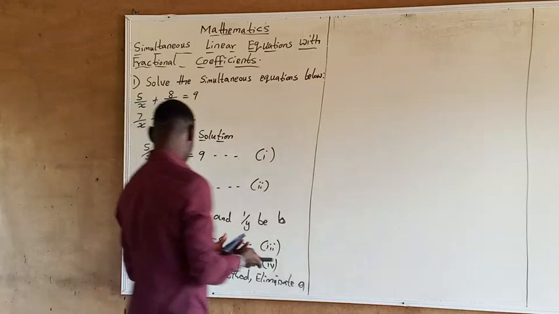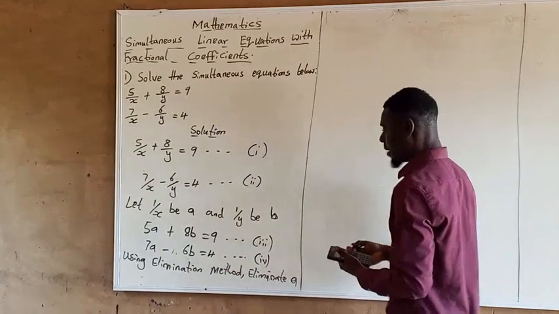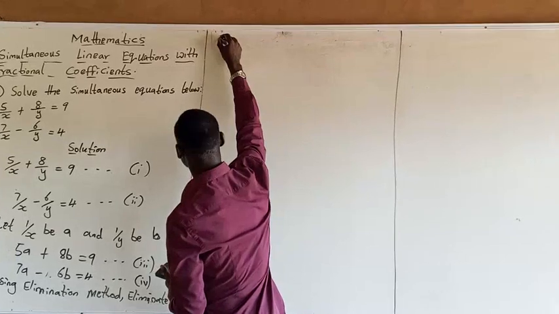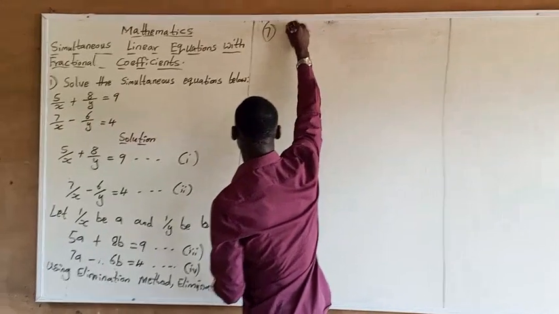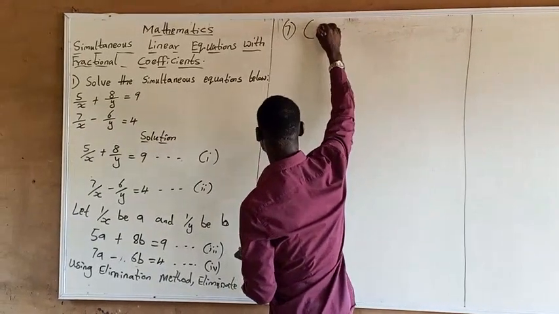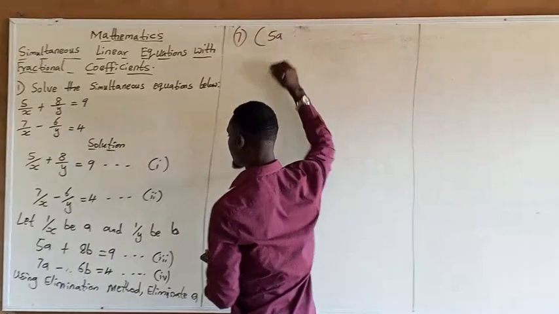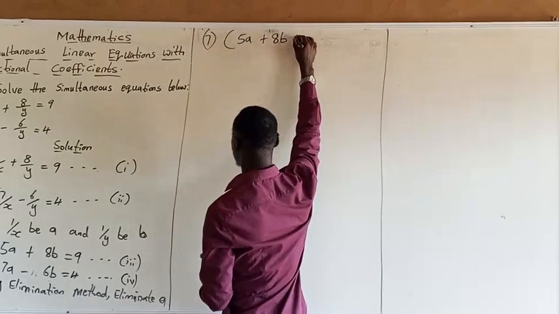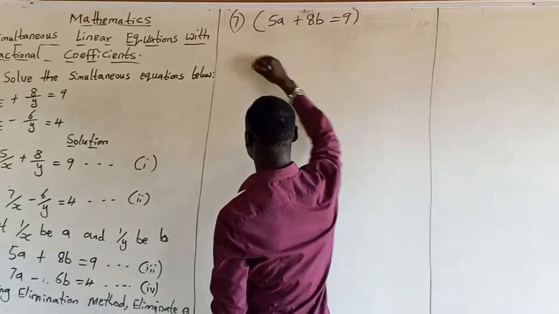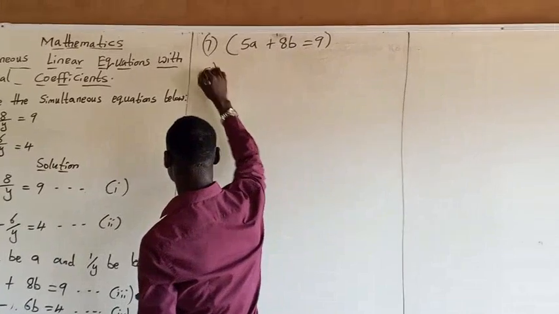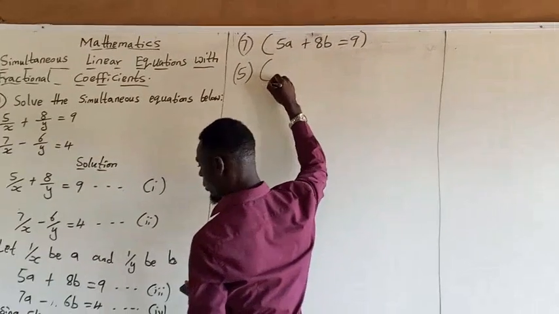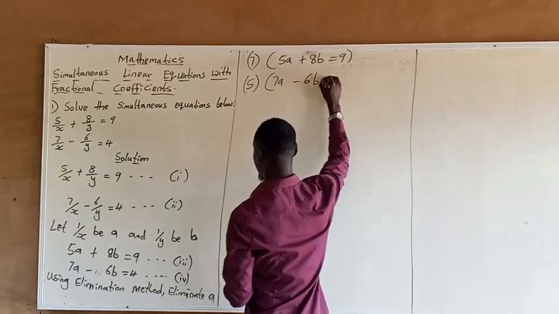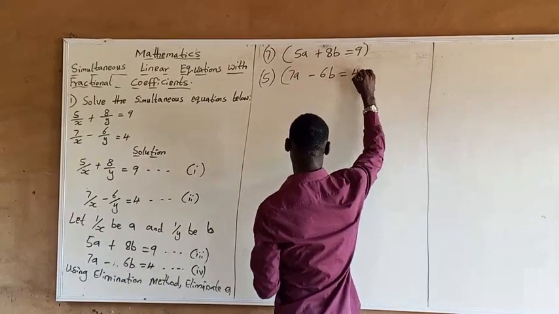So now let's come to this other side. That simply means we bring back the equations. We use 7 to multiply the first equation, 5a plus 8b is equal to 9, and 5 to multiply 7a minus 6b is equal to 4.